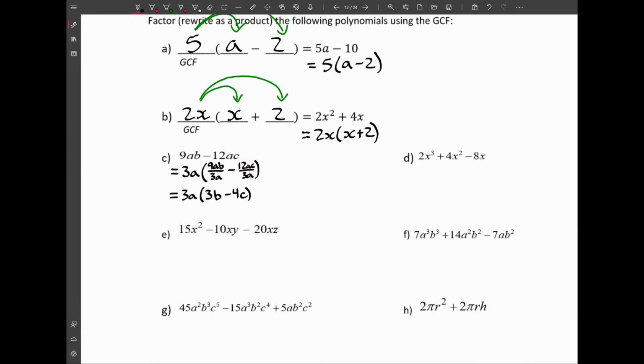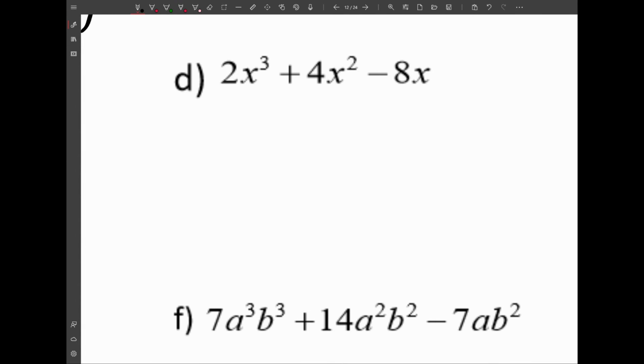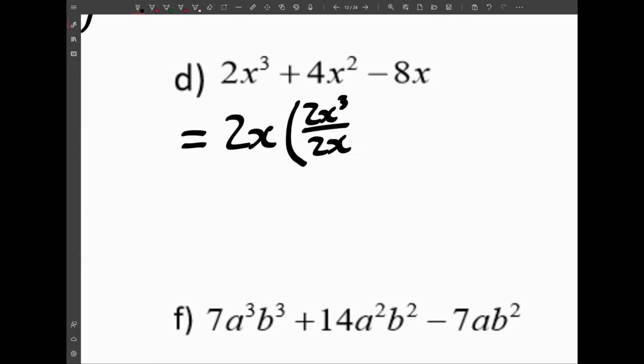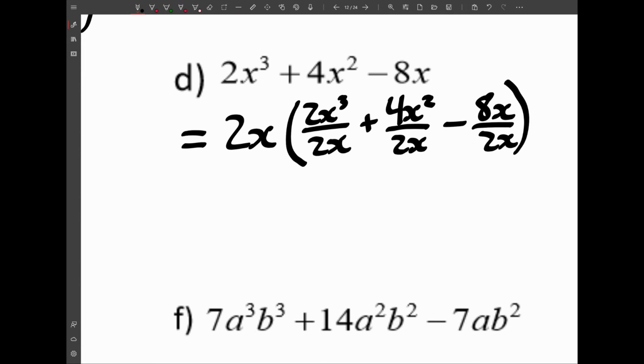All right, let's try D. So in this case, my GCF, I've got a 2 in common, I've got an x in common. What's left? Well, we have 2x cubed divided by 2x, 4x squared divided by 2x, and 8x divided by 2x.